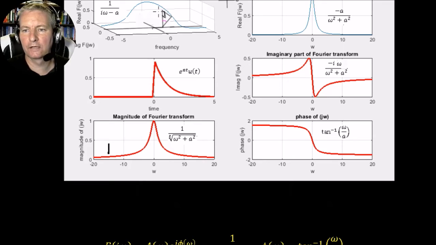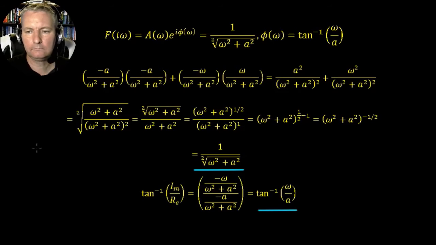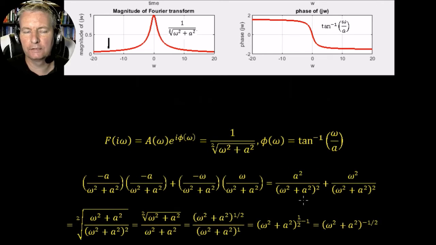So it's inverse tan imaginary upon real. So let's go ahead and calculate that. Well, the imaginary is minus omega upon omega squared plus a squared, and the real is minus a upon omega squared plus a squared. So the negatives cancel out, and we're just left with inverse tan omega upon a.